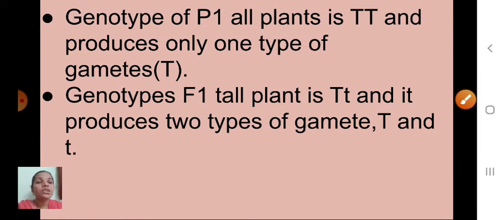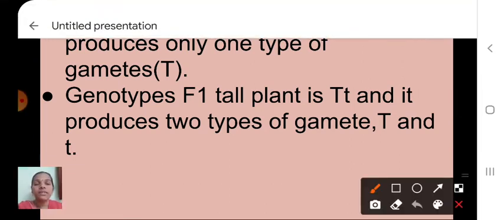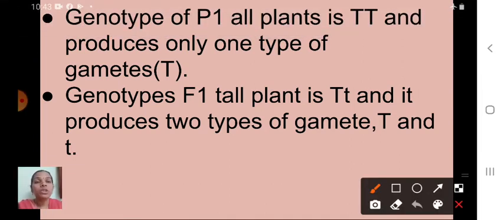See here, genotype of P1, that is your parent 1. Genotype of P1 plant is what? TT, and it produces only one type of gametes, that is capital letter T. Genotype of F1 tall plant is what? Yes, capital letter T, small letter t. This is the main difference between the parent and the first filial generation.